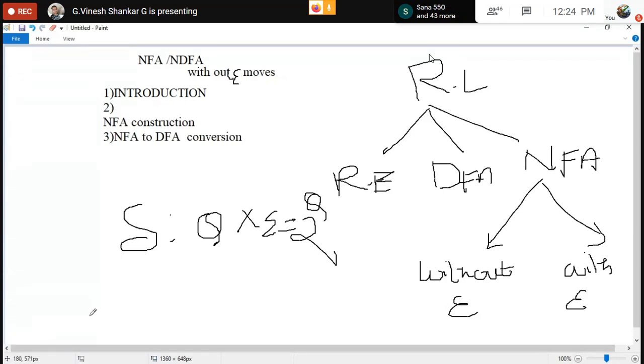The basic definition of NFA which you have seen already. Normally we have seen one small definition of NFA like a DFA only. Here by giving a string in the form of input, right or not? So here NFA we can call it an acceptor. You can write NFA acceptor.